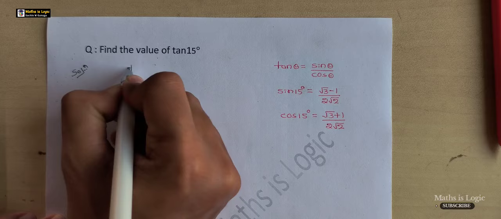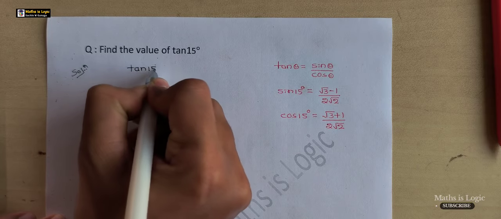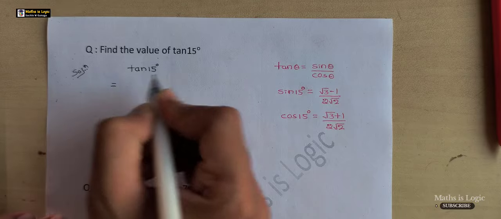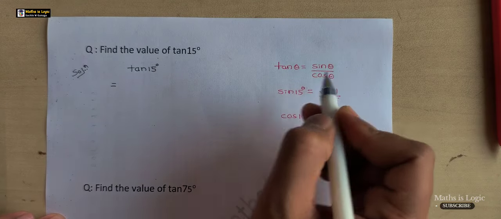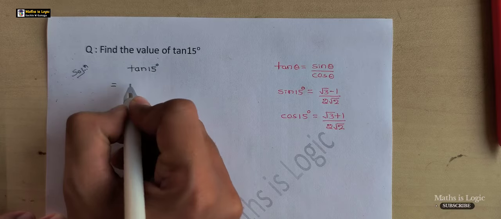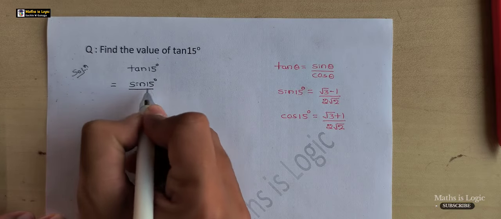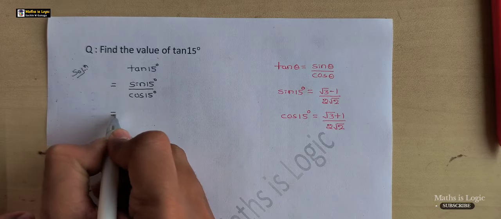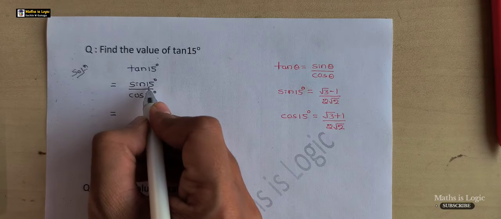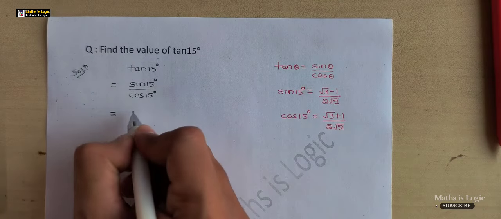So first write tan 15 degree, which is equal to, now apply, tan theta can be given by sin by cos. Therefore tan 15 degree can be given by sin 15 degree divided by cos 15 degree, which is equal to, now substitute sin 15 degree. What is that sin 15 degree?